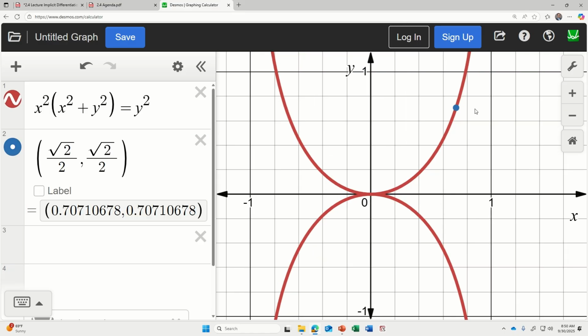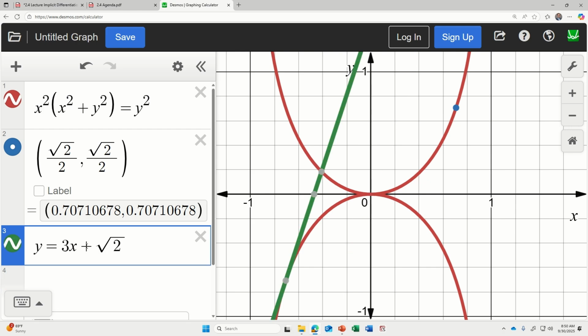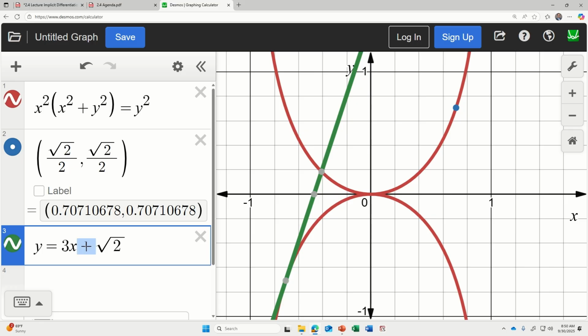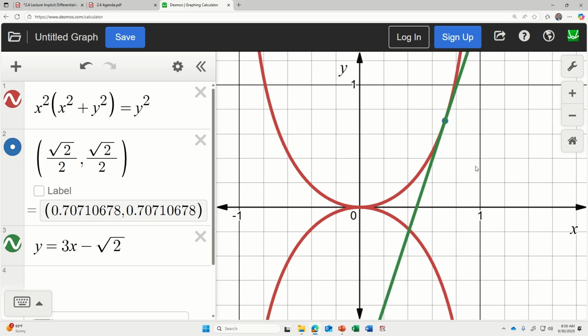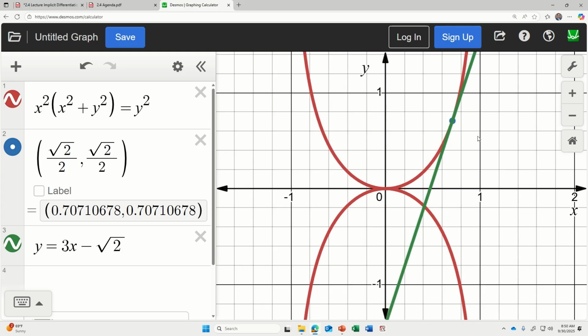So that's the point here in blue that we care about. And let's see if we got the tangent line correct. So y equals 3x minus square root of 2. There we go. That's good. Looks like the tangent line.